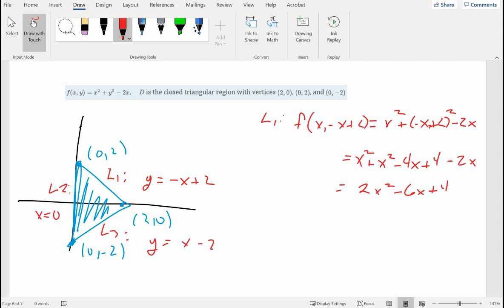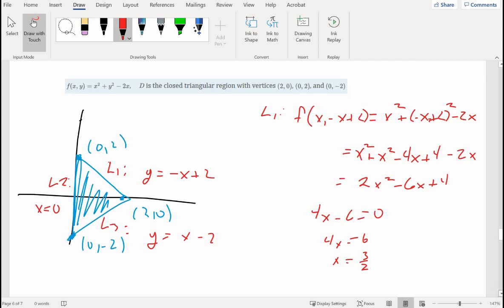And we want to know along that, of course, where the mins and the maxes are. So again, I want to think about when its derivative is equal to 0. So when is that equal to 0? That's 4x equals 6, so x is 3/2.